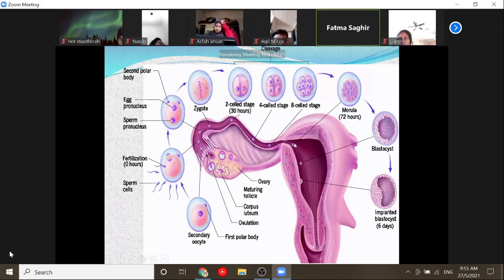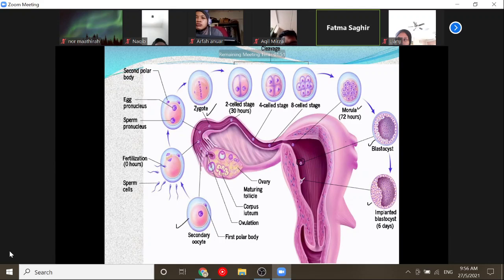So this is another one, I think more clear. You can see we have the secondary oocyte mixed with the sperm. Then the zygote becomes 2 cells, 4 cells, 8 cells. Then we get the morula. Morula will develop into blastocyst. Blastocyst will go down, and you can see the blastocyst here.